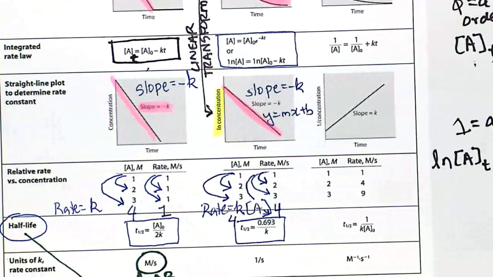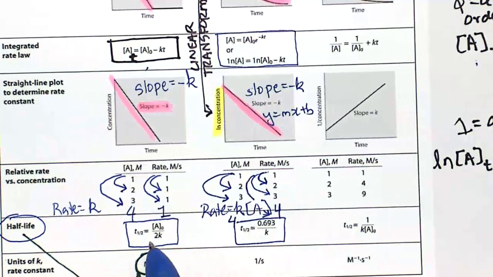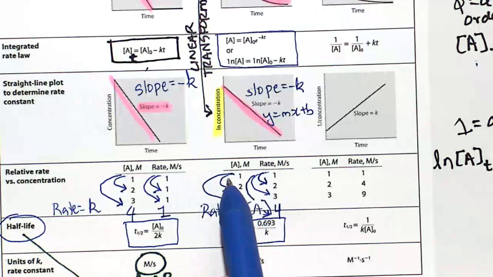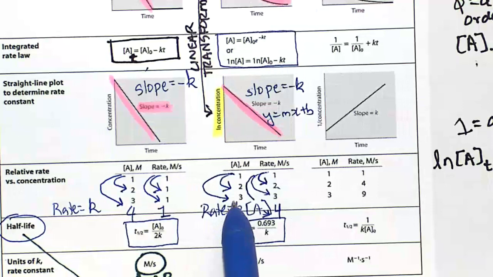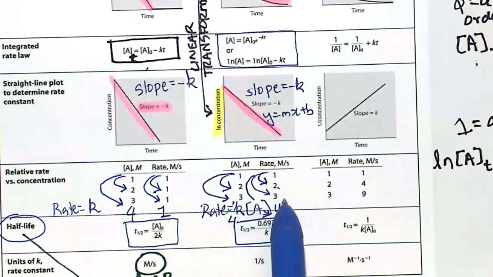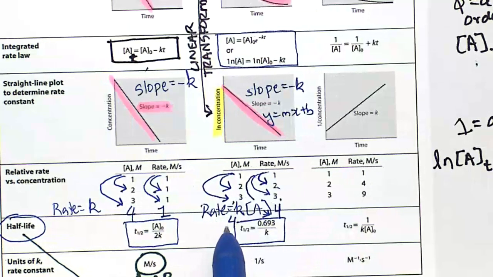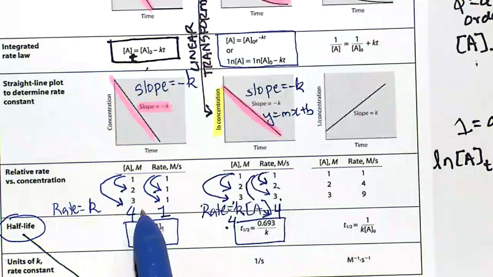So wait, why are you jumping from 1 to 2 and then from 1 to 3? What does that mean again? If I double the concentration of A, how fast will the reaction go? Twice as fast. If I triple the concentration of A, how fast will the reaction go? Triple as fast. If I quadruple A... Oh, so it's proportional. Yes, it's proportional. But in zero order, it is not proportional.